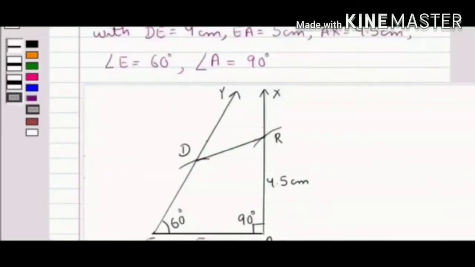On joining the points D and R, we get the quadrilateral DEAR with DE 4 centimeters, EA 5 centimeters, AR 4.5 centimeters, angle E 60 degrees and angle A 90 degrees.